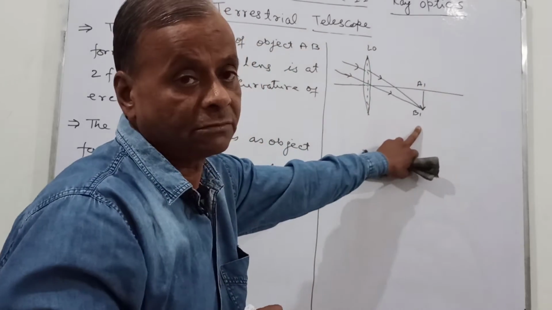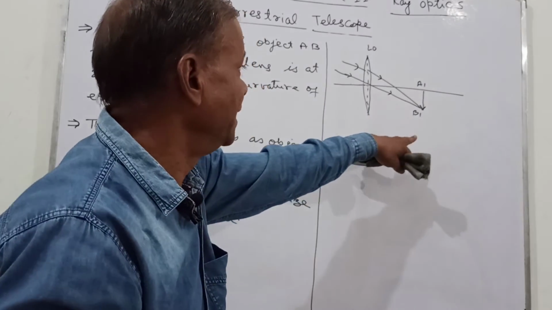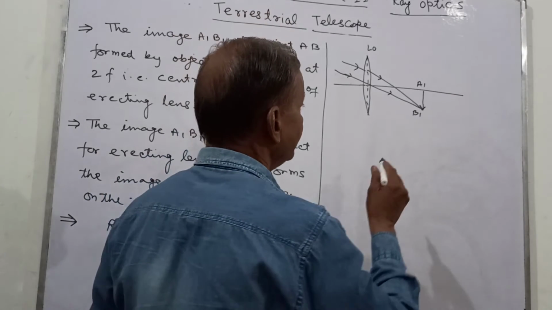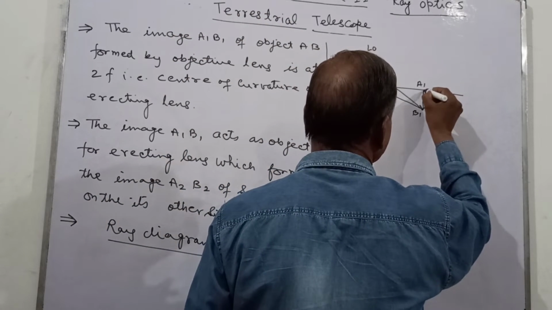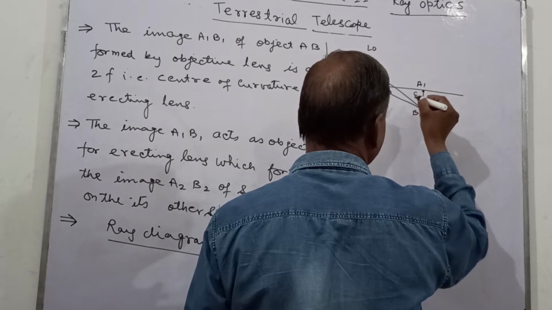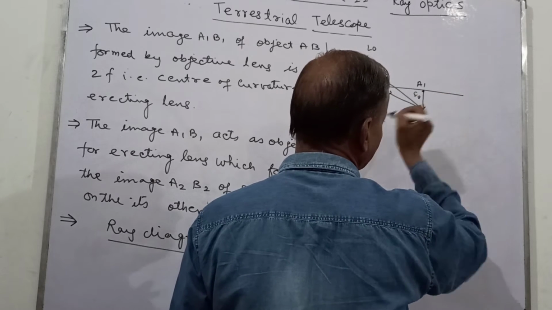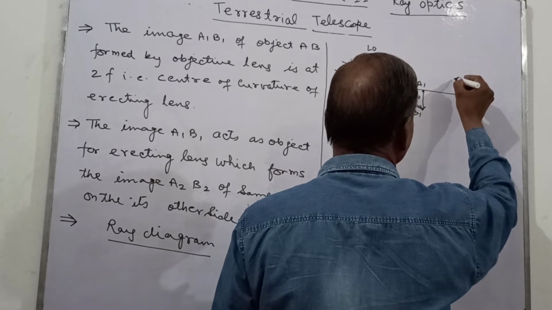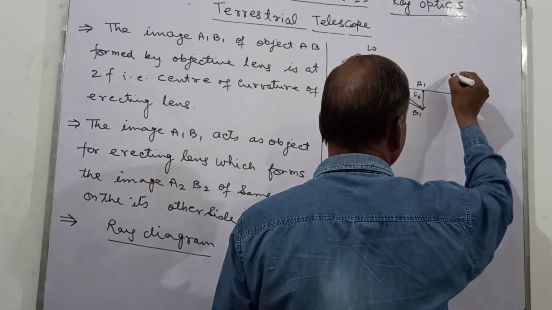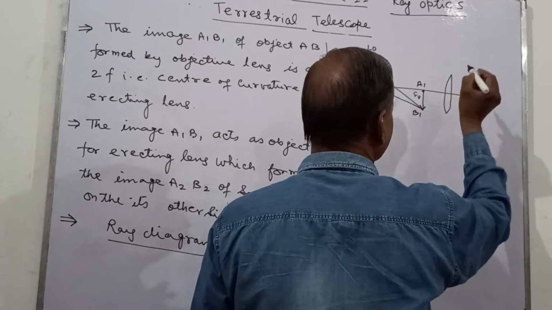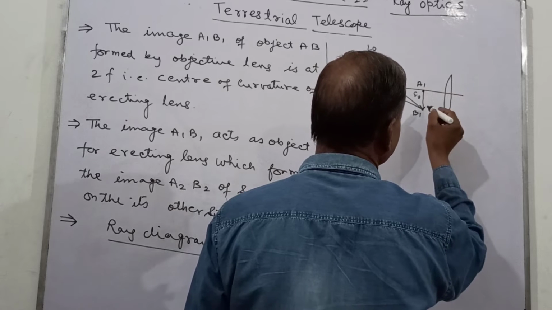This is real, inverted and smaller than the object. Here is now point F0, and this is the 2f distance of this lens. This is the erecting lens.